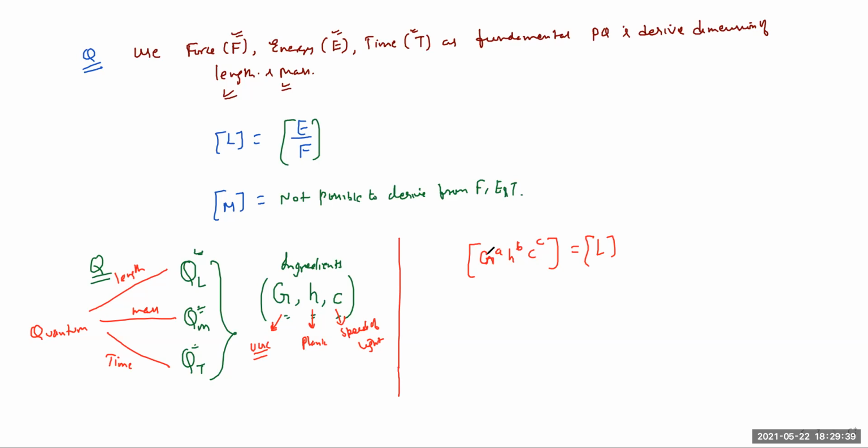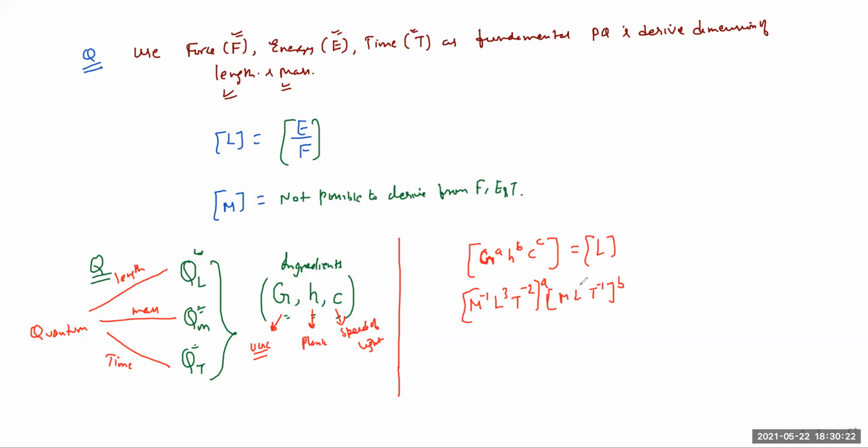What is the dimension of G? G is M minus 1, L3, T minus 2, raised to power A. H is M L squared T minus 1, right?